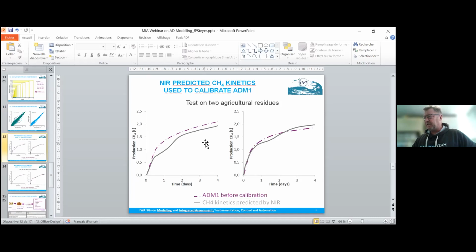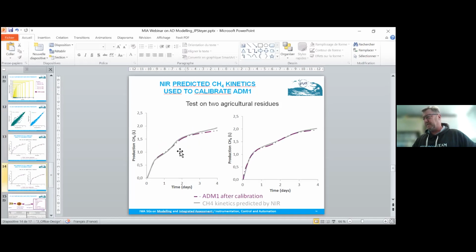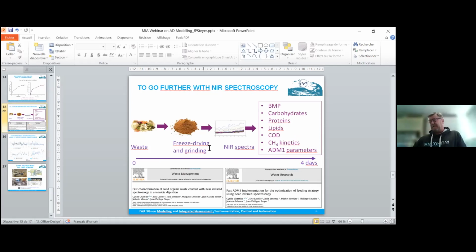And after calibration, which is done automatically with a procedure we developed, you can see a fitting of your curve, which indicates that the ADM1 was able to model this.